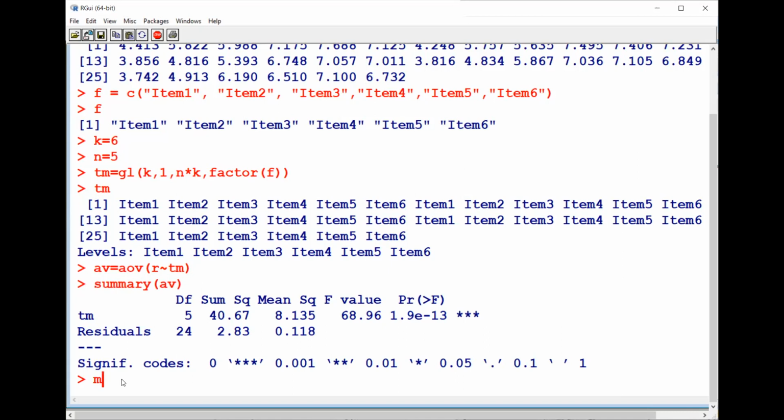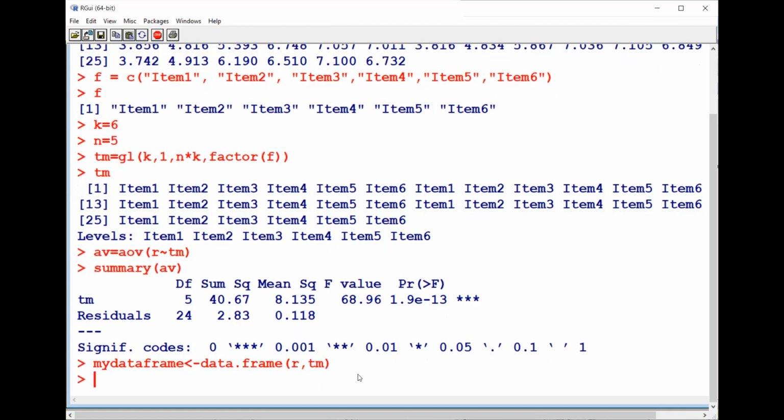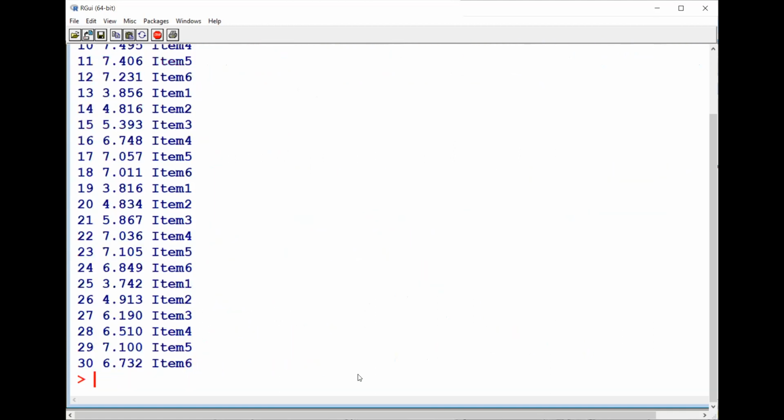Let's say my data frame, and then I'm going to put these 2 columns into that data frame. To do that, I'm going to use the built-in function data.frame, and I'm going to put R and the TM column into my data frame.